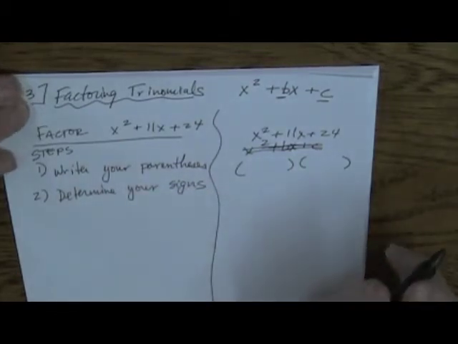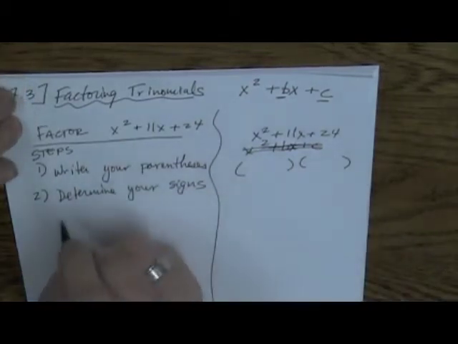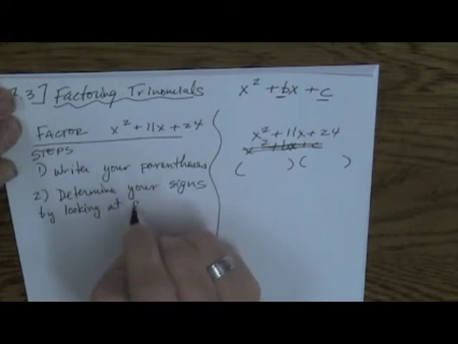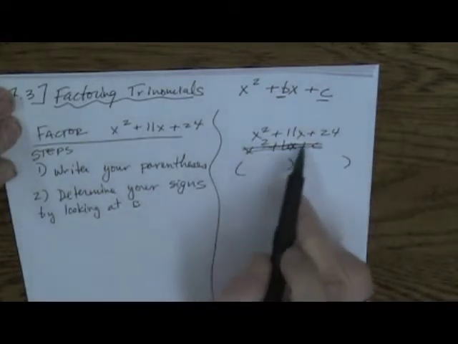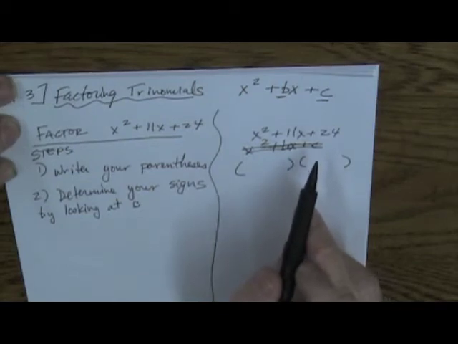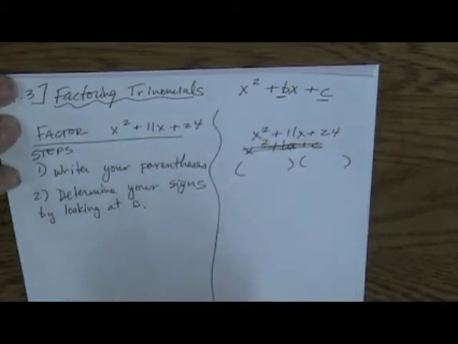You determine your signs by looking at c. What's c in this problem right here? A positive 24 is what c is. All right, here's the rules.